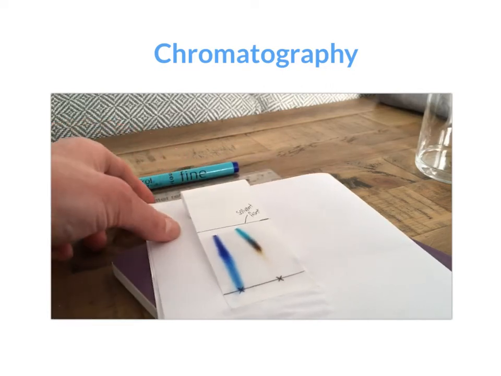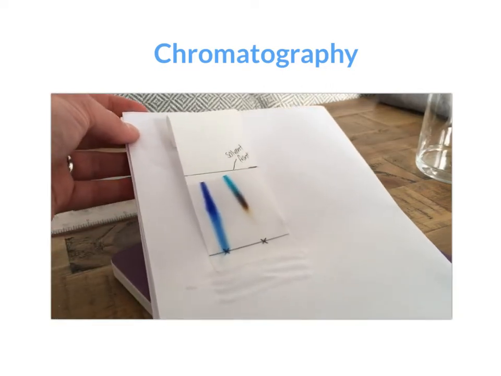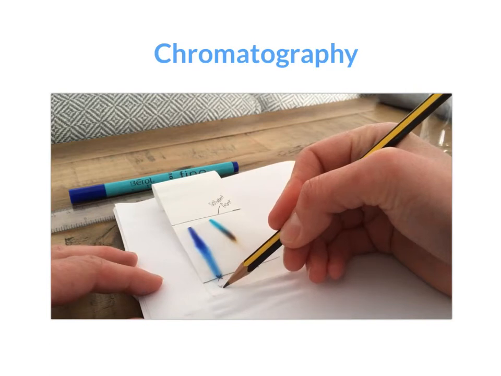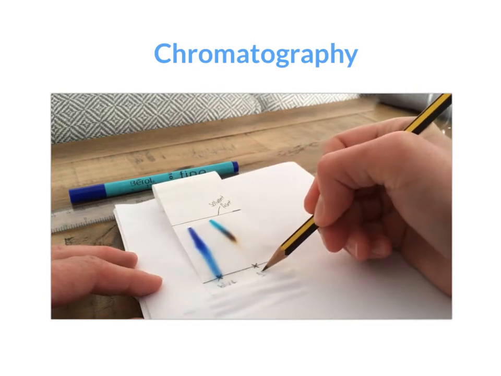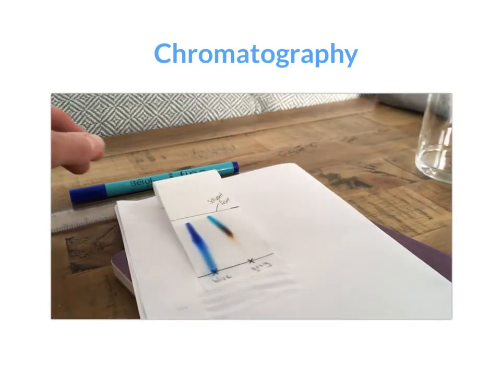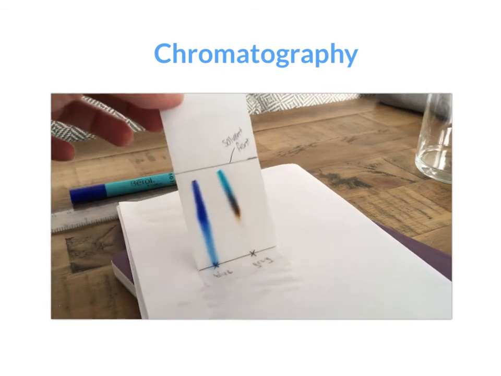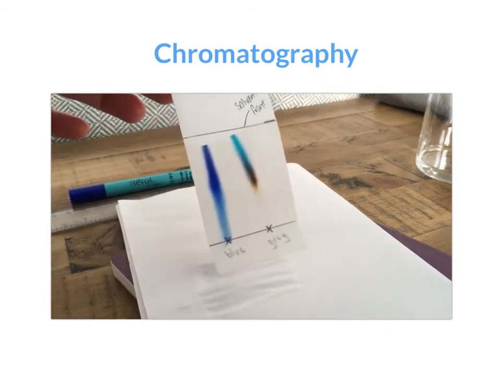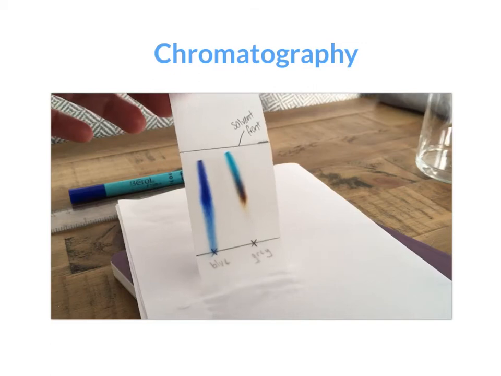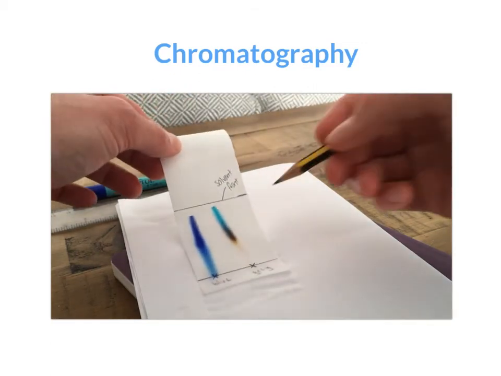And what you can see here is that this was originally my blue and this was originally my grey. And you can write those on beforehand if you want to try and remember those. And what you can see is that my grey ink has separated out.